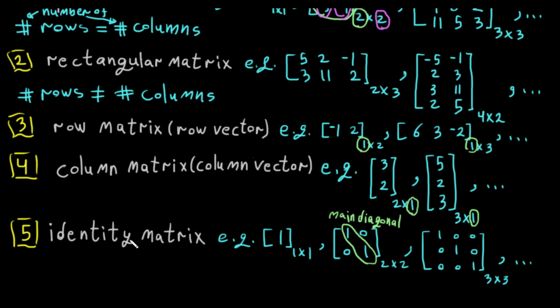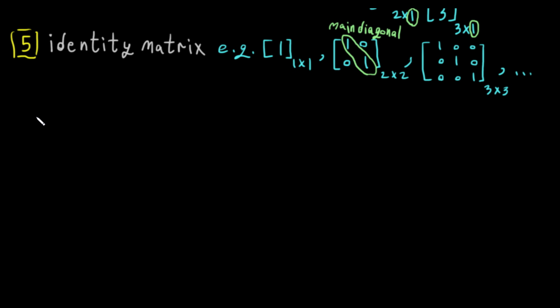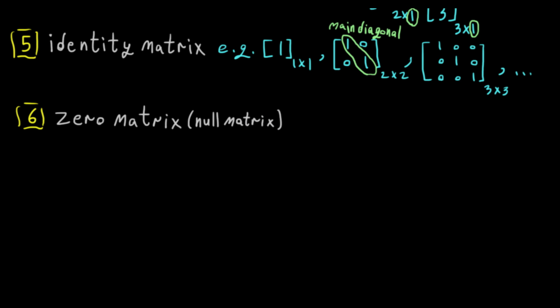Now we will introduce the zero matrix. Here the zero matrix, or they call it the null matrix, which is very simple. 0 here, only 0.